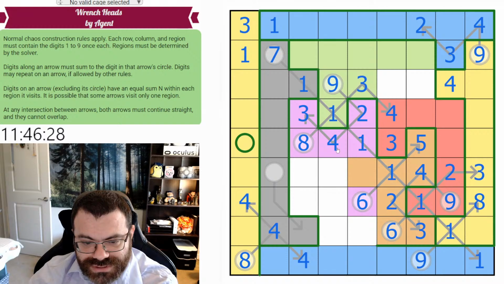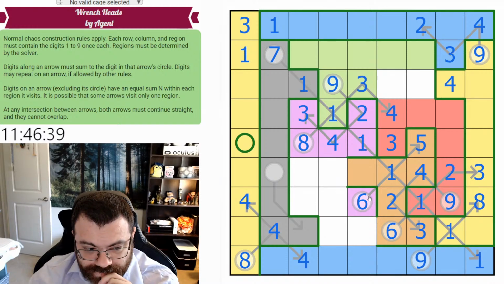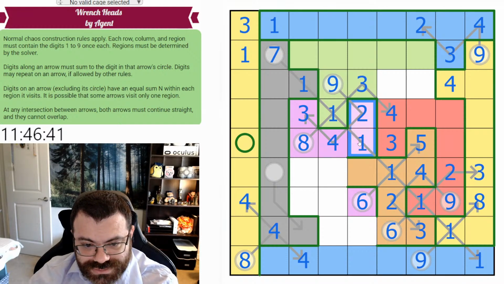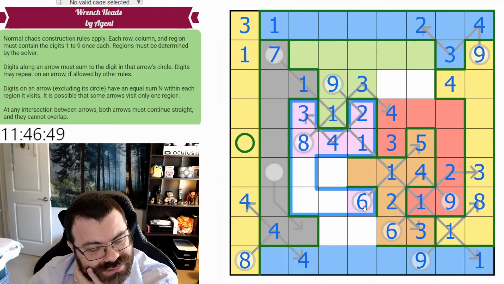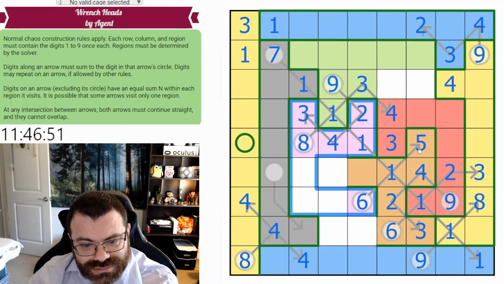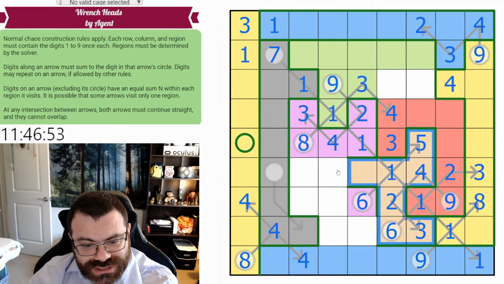And so now purple's having some issues here. 1, 2, 3, 4, 5, 6, 7, 8, 9. It could do this. 1, 2, 3, 4, 5, 6, 7, 8.